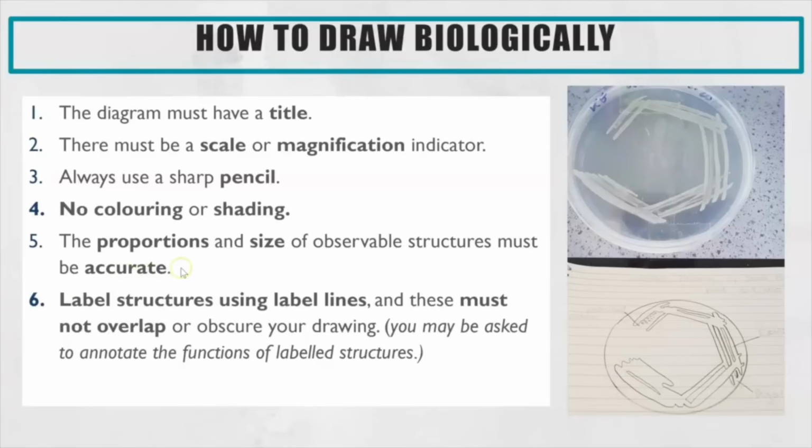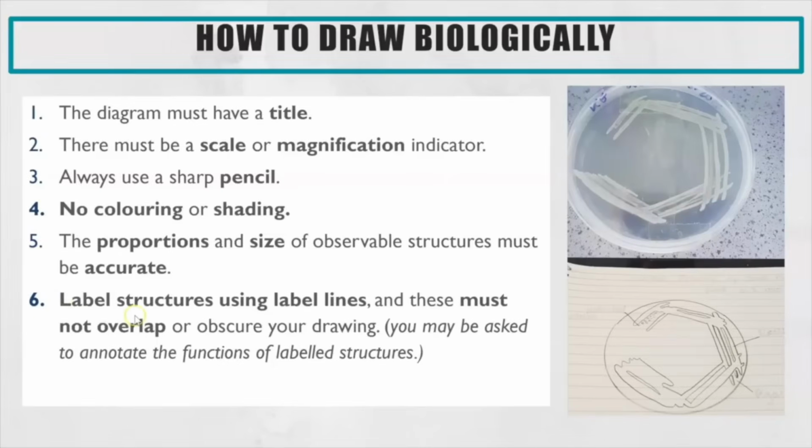So for that reason, number 5, you have to make sure that what you have drawn is similar to what you've observed. So by that I mean, is it the same size? Is it the same proportions? Those all have to be accurate. And lastly, you might be asked to label key structures.